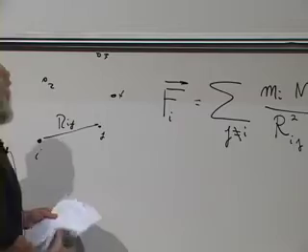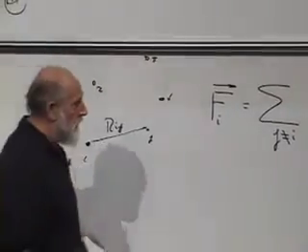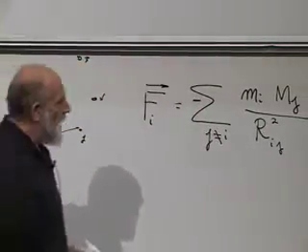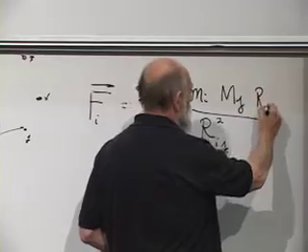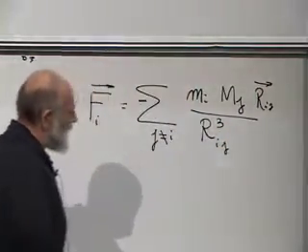Right. But then, just as we did before, we have to give it a direction. Put a minus sign here. That indicates that it's attractive. Another R ij upstairs, but that's a vector R ij, and make this cubed downstairs.